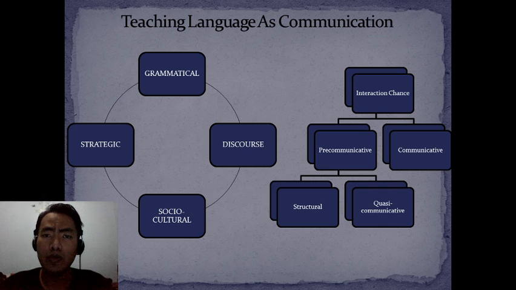From the second variable, we can see that English can be used as a means of communication to learn other people's culture. How do we teach this kind of concept to EFL students? How do we make the EFL students realize that the objective of English learning is to communicate in written form of communication and spoken form of communication?